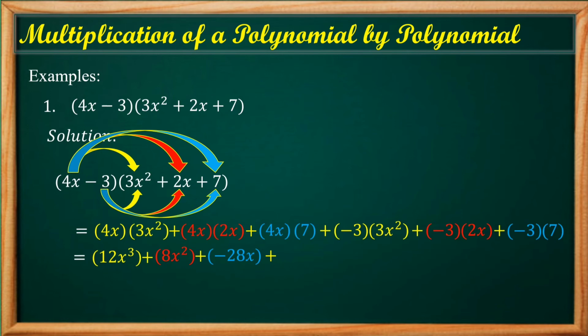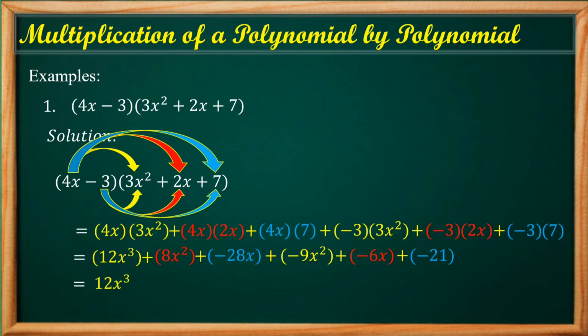Then plus negative 3 times 3x squared, you will have negative 9x squared. Then plus negative 3 times 2x, you will have negative 6x, plus negative 3 times 7 is negative 21. And then combine similar terms.